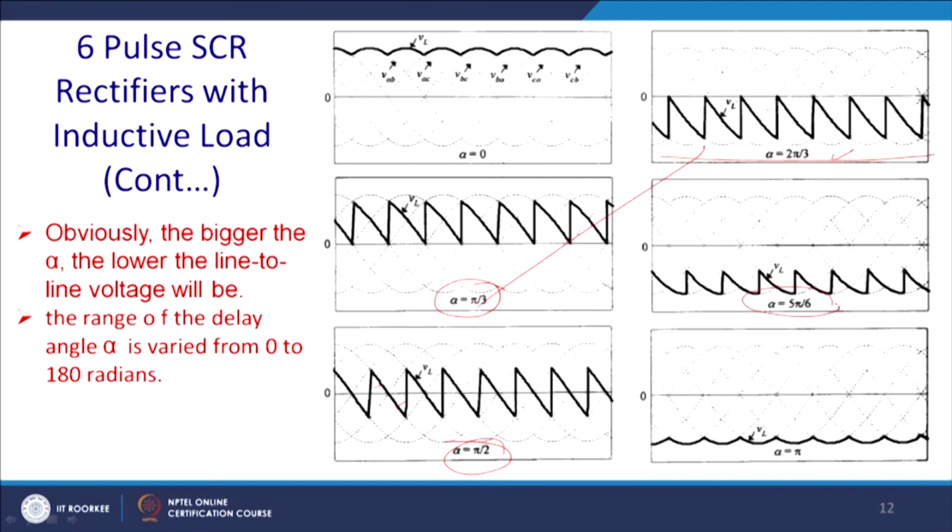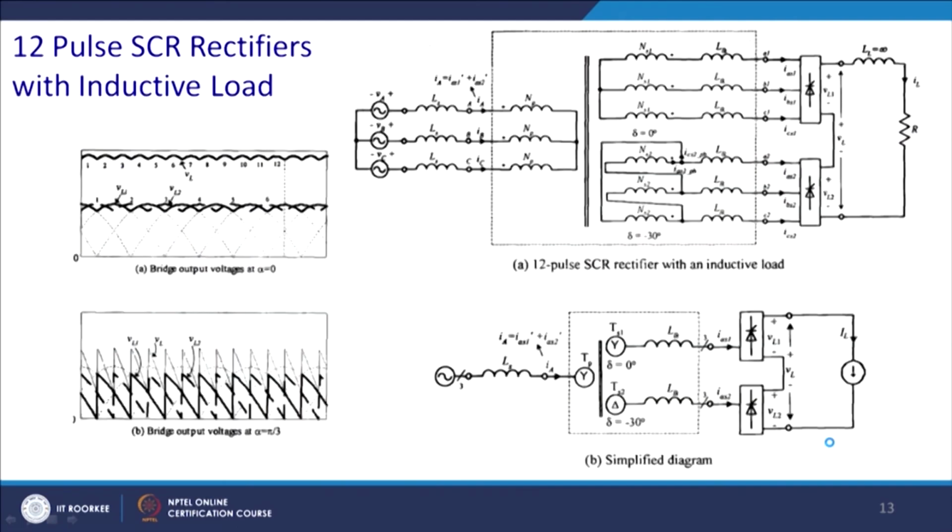Same way you can get the mirrored image for alpha equal to 30 degree, which has not been drawn, and this is alpha equal to pi. In that case, it is just the mirrored image of this one with respect to the x axis, and ultimately you get this figure, which is quite common; you have studied it in the power electronics courses.